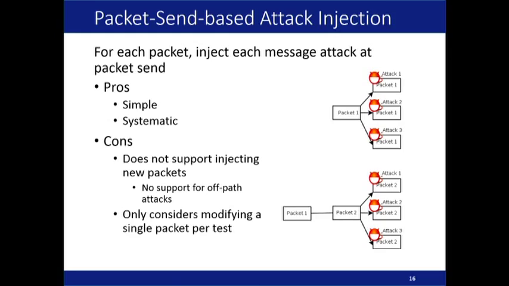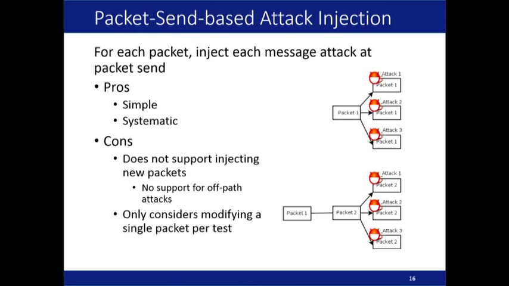Additionally, as I've currently specified it, this only considers modifying a single packet per test. So if we modify packet 2, we can't also modify packet 3, for instance. This means we'll be unable to find the TCP close-wait resource exhaustion attack that I mentioned, because that attack requires modifying multiple reset packets.